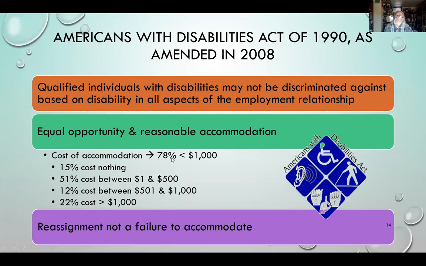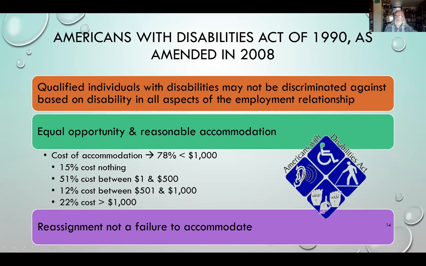Look at this. More than 3/4 of all reasonable accommodations that employers make for disabled people cost less than $1,000. So if you've got 20 or more employees, you can probably afford up to $1,000 to accommodate someone with a reasonable accommodation. 15% of accommodations don't cost anything at all.